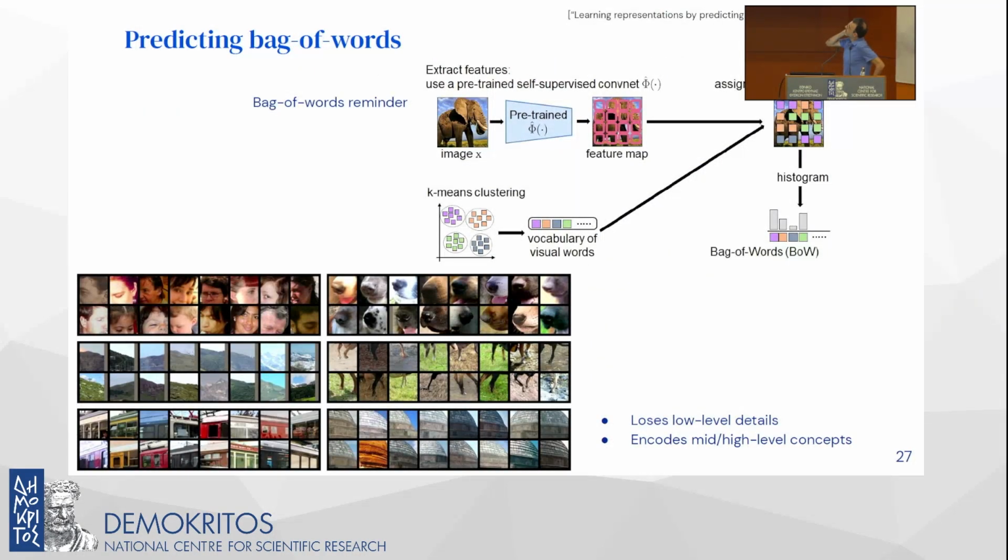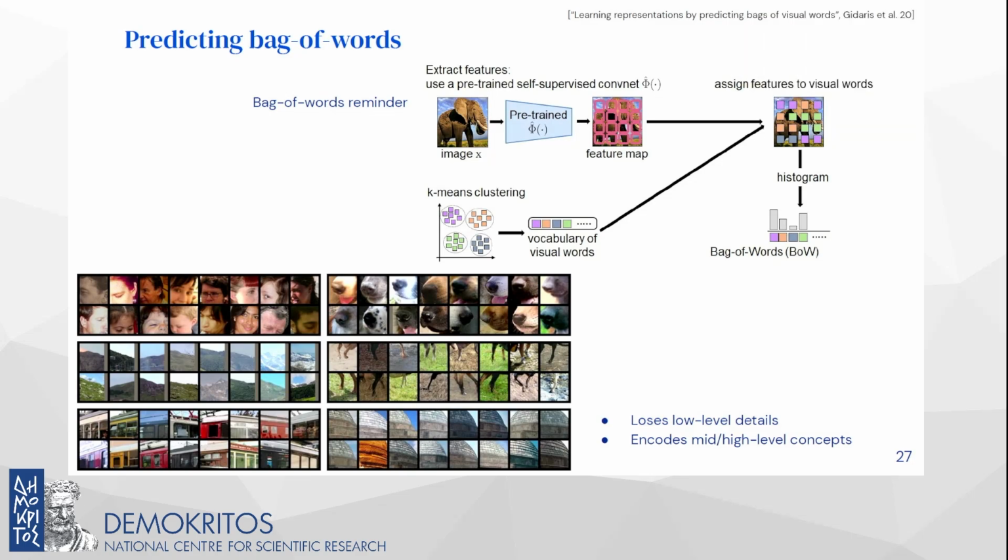Now, in this context, what we proposed was something that was based on this visual word representation. So we took inspiration from NLP in this case. What I mean by visual words is the following. Let's say we have some pre-trained encoder, which can be, let's say, some self-supervised model. You can give it an image and get a map of features.